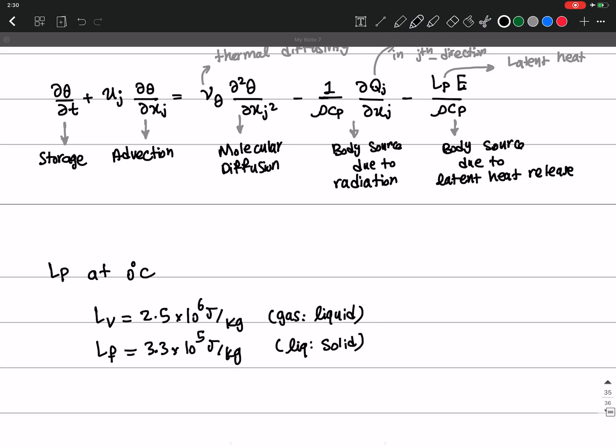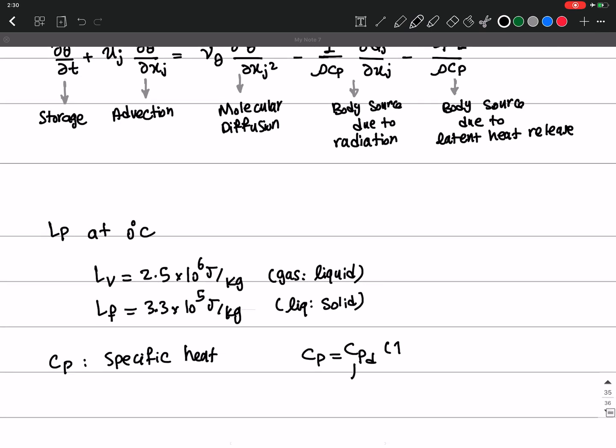And what is CP here? For those who don't know, CP is specific heat of air. And it is related to the specific heat of dry air through this equation, CP equals CPD, the specific heat for dry air, times 1 plus 0.84 times Q, where Q shows the humidity level.